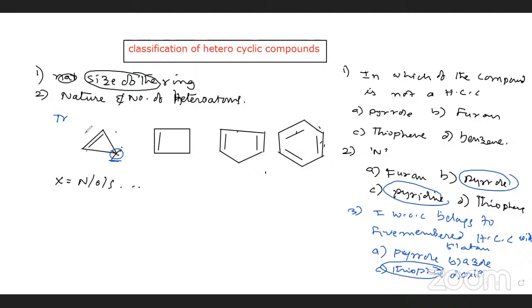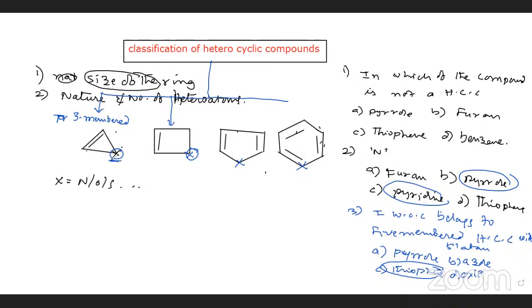This is known as a 3-membered heterocyclic system. The second one is 4-membered heterocyclic compounds, with 4 atoms including the heteroatom. Next is the 5-membered heterocyclic system, and this one is the 6-membered heterocyclic system. This is based upon the size of the ring.